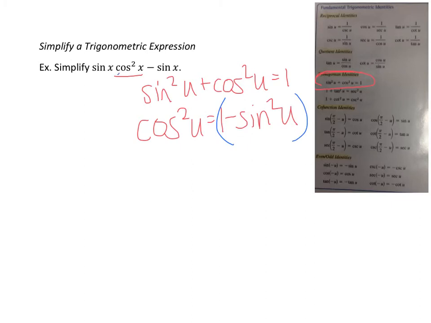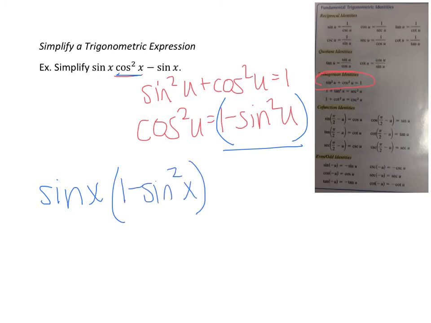And that's exactly what I'm going to replace in my expression. So instead of cosine squared x, I'm going to replace it with these parentheses. So then I'm going to have sine x, parentheses, 1 minus sine squared x, just changing the variable u to x, minus sine x. I'm going to distribute this sine x in.